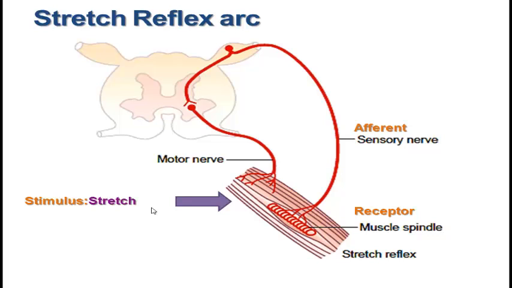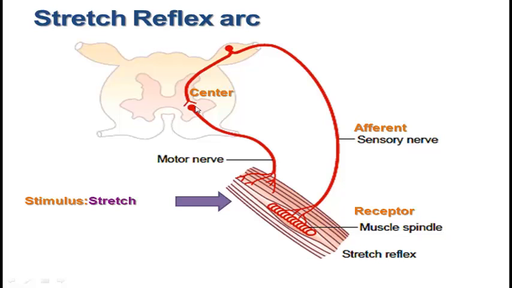The afferent fiber is a sensory nerve fiber that innervates the receptors. So the receptors, which are muscle spindles, transmit the information about muscle stretch to the CNS, the spinal cord, through the sensory fiber. The center is the spinal cord, or the anterior horn cell of the spinal cord.